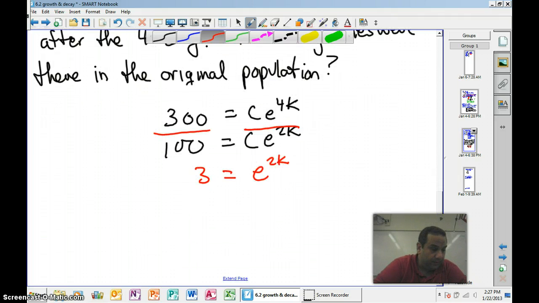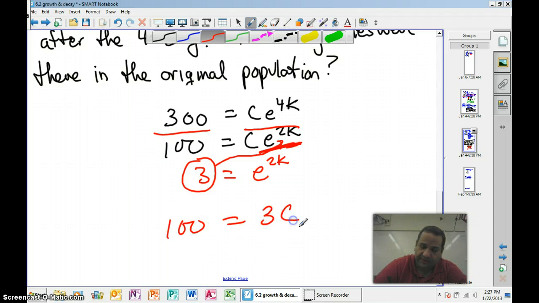All right? Now, what that means is that I could plug 3 back into here for 2k. You see it? e to the 2k. So I'm using a little substitution. So I'm going to get 100 is equal to 3c.